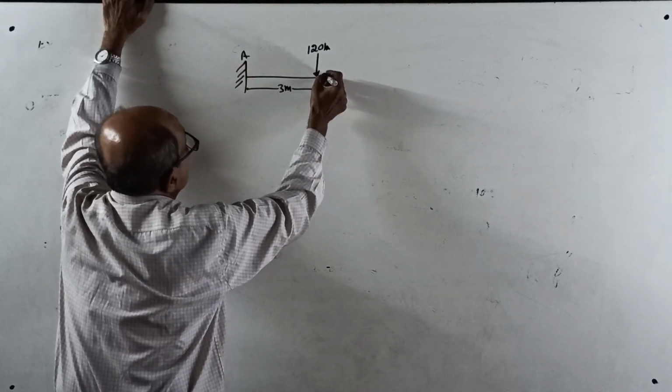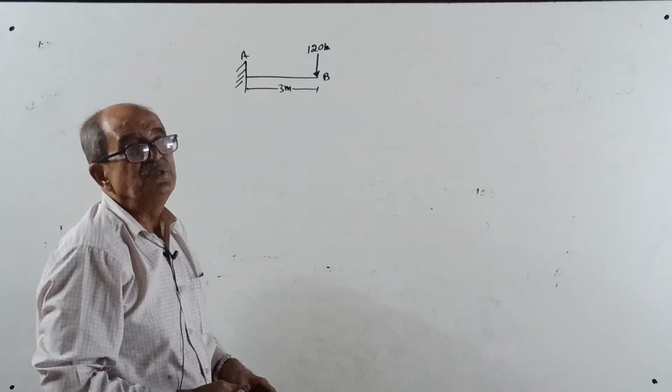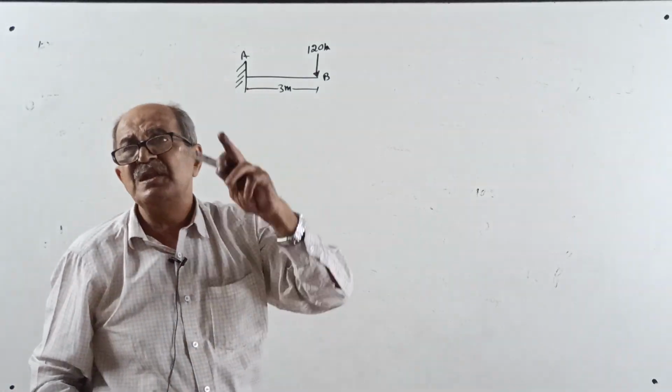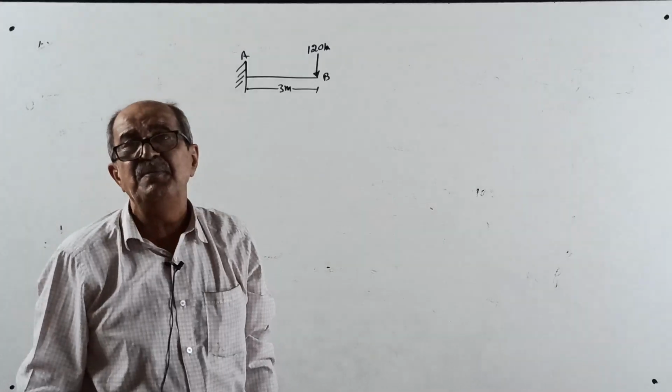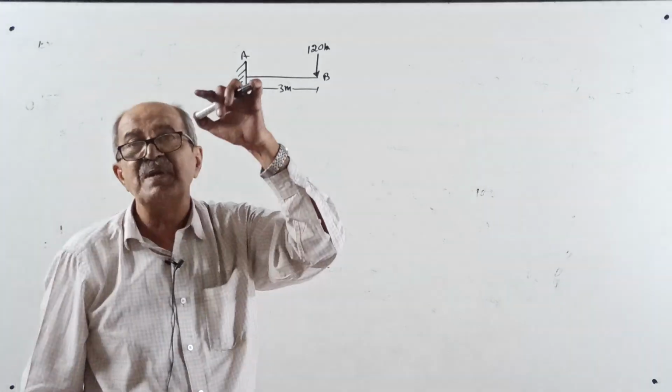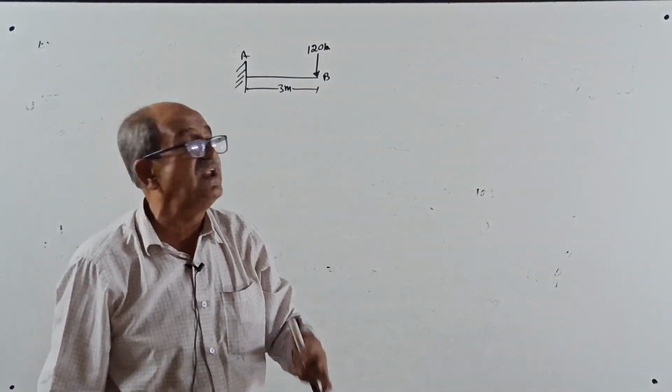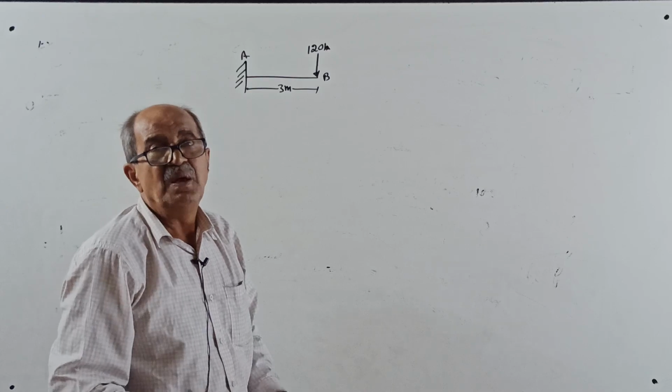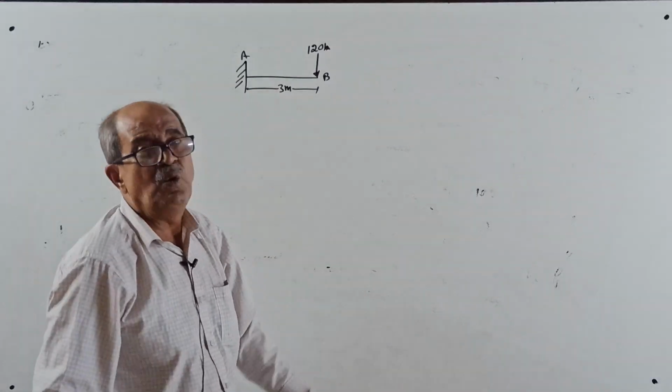Remember, if it is not clear, it will come in strength of materials when I go to SFD, BMD, and in engineering mechanics when I go to support reactions. For the time being, believe me, but 99% of people know it.